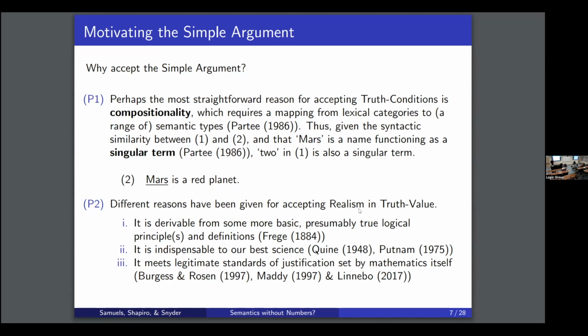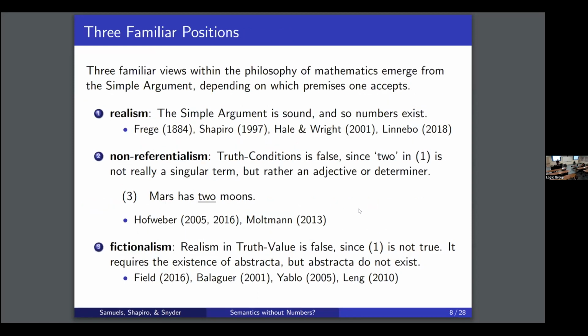Mathematics sets its own legitimate standards of justification. And by those standards of justification, clearly it's true that 2 is an even number. Ask any mathematician you know, I hope they'll tell you that's true, right? Okay, so those are 3 different reasons that have been given for accepting the truth of the statement. Again, all this should be relatively familiar from the philosophy of mathematics, nothing super controversial so far.